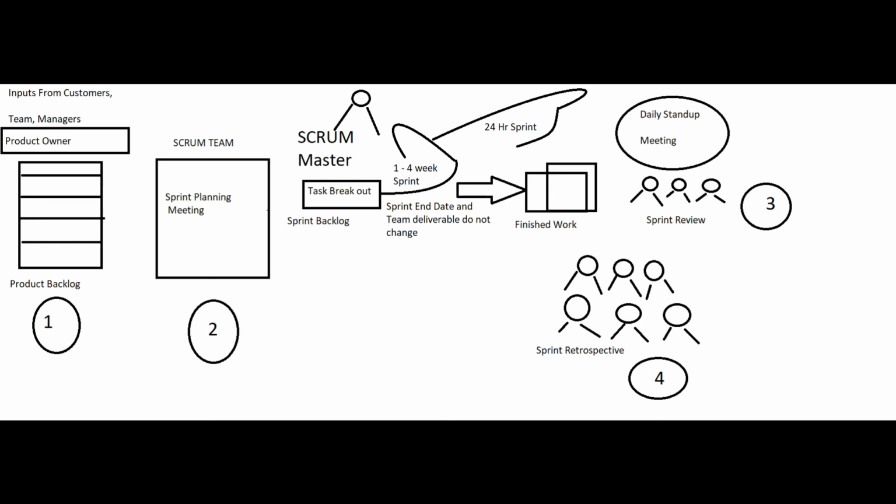During this sprint planning meeting, the product owner is going to give the user stories according to his priority, based upon his priority only.